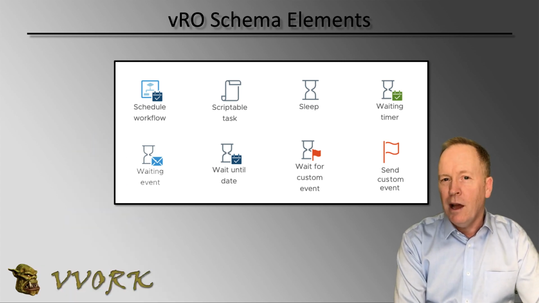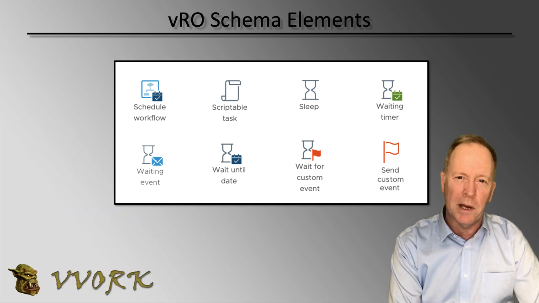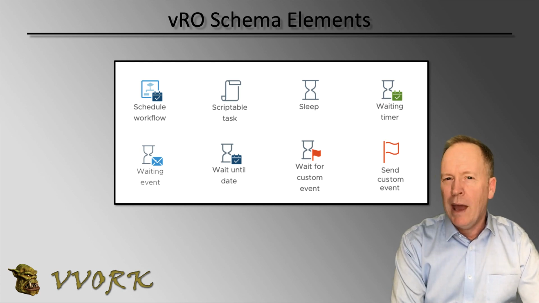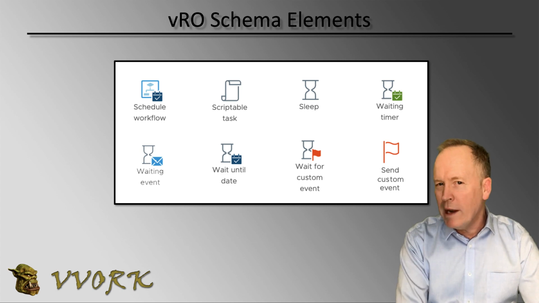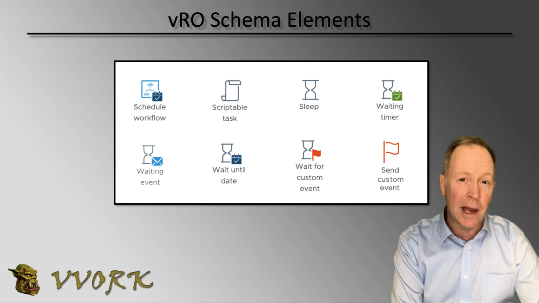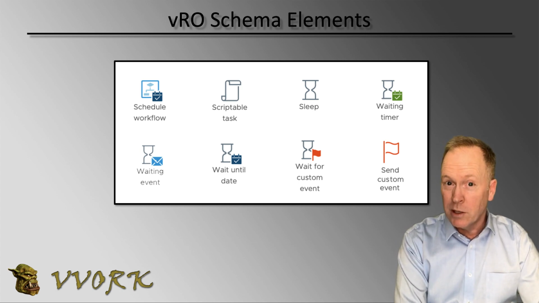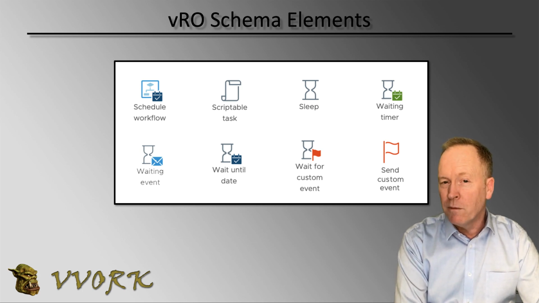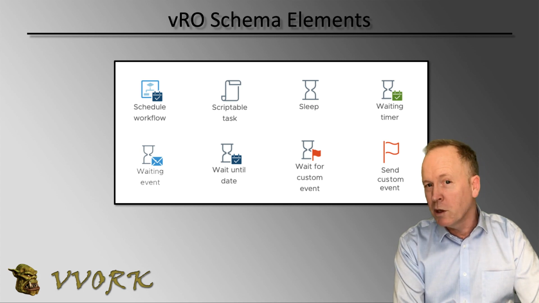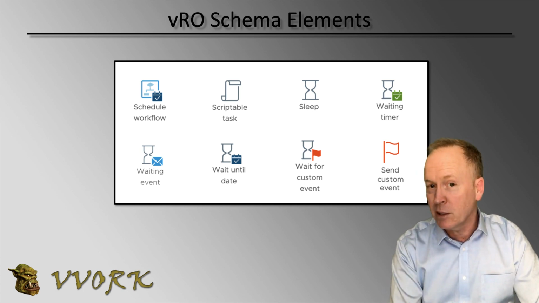On the other hand, all these different wait techniques that we'll be talking about are really useful when you have multiple workflows that need to coordinate with each other or synchronize their behavior with each other. So for instance, you may have one workflow that is sitting around waiting for another workflow to complete some tasks that it's performing.